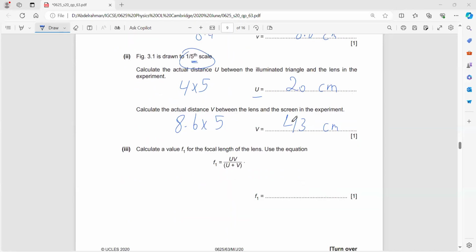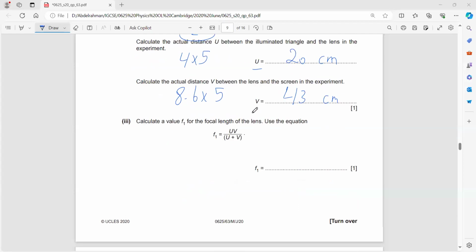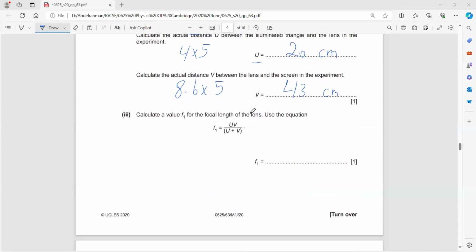Can I calculate f? Of course I can calculate f: uv over u plus v. 20 times 43 over 20 plus 43. Can you calculate it quickly?